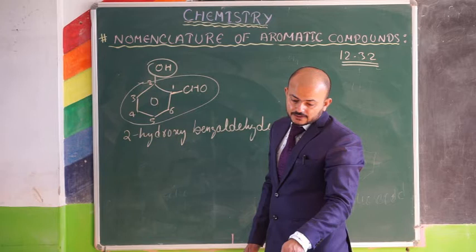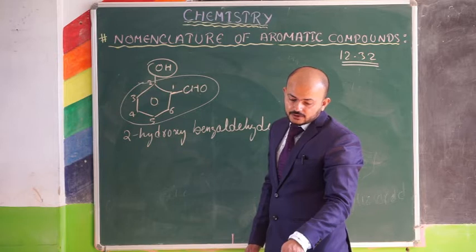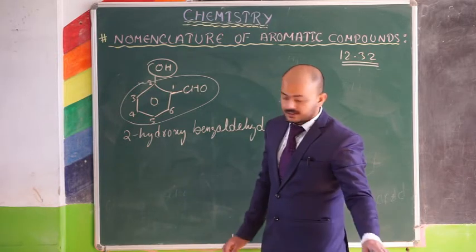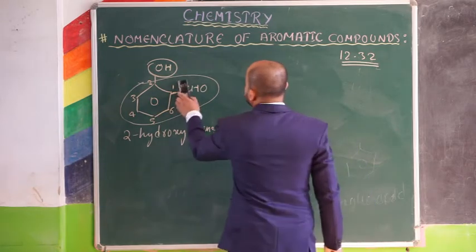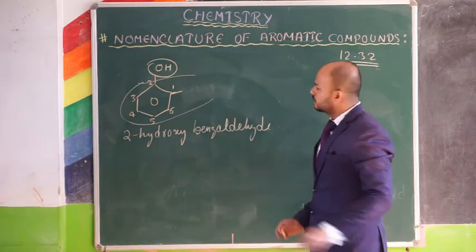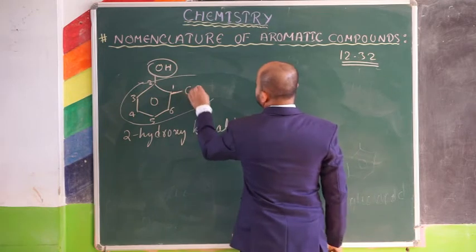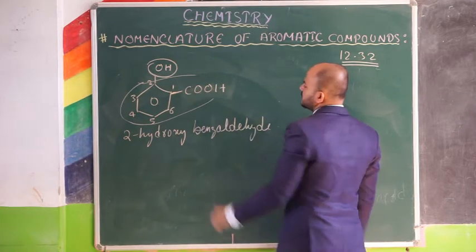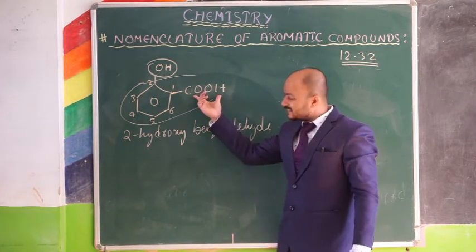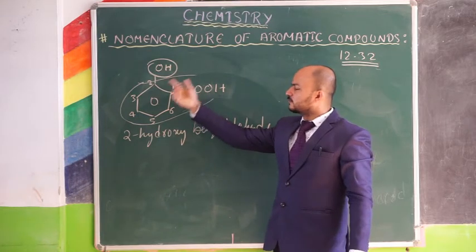Now let's discuss carboxylic acids, in which you have two different groups. Instead of CHO, if you have a COOH group, then this is a carboxylic acid. Now here the numbering would be the same.